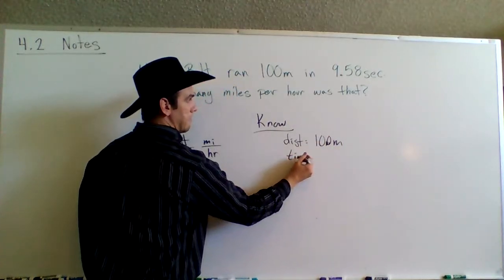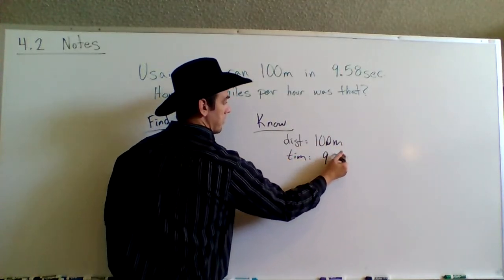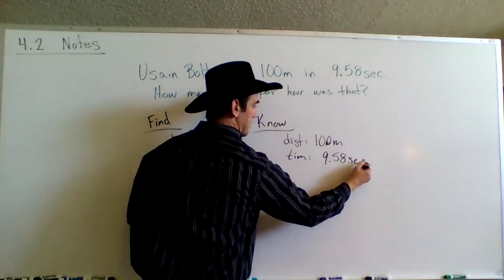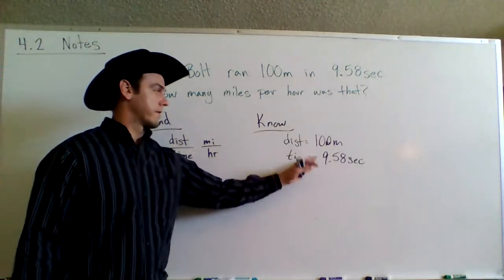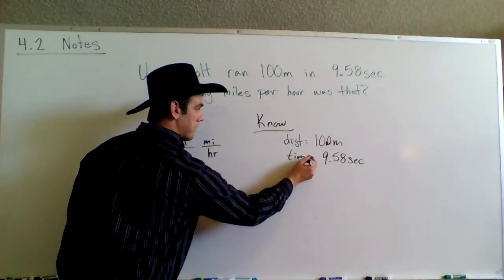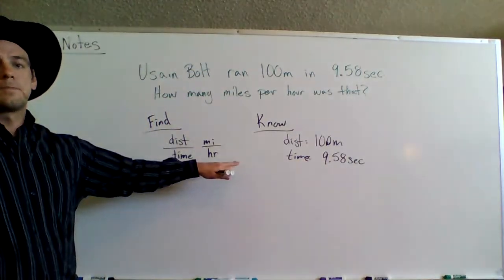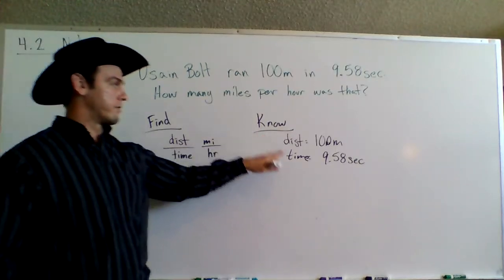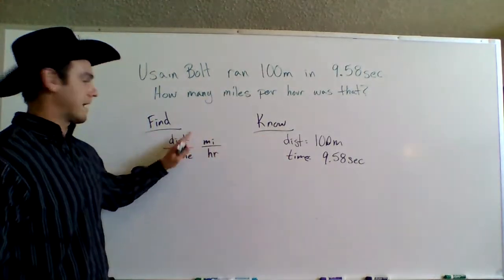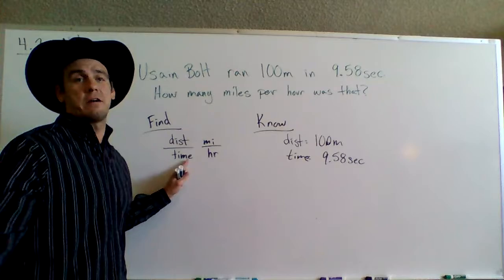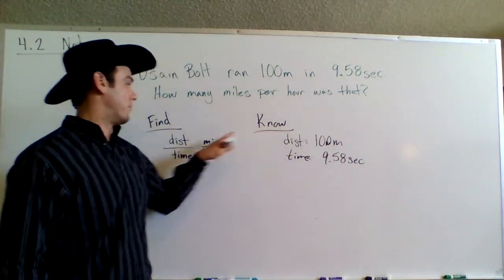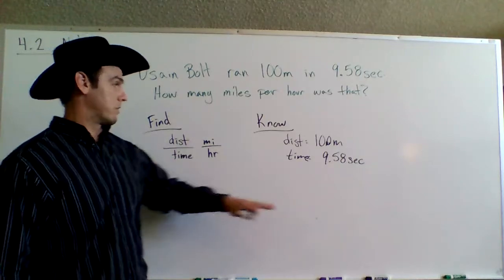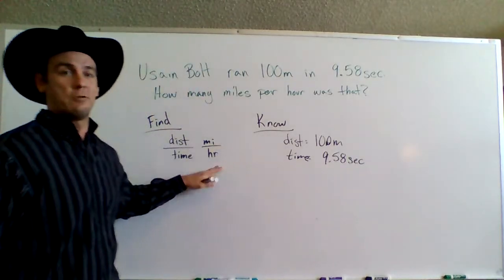We know our time was 9.58 seconds. Well, if we have a distance and a time, can't we just put distance over time? And that's exactly what we want, other than our units aren't quite correct. Because then we'd be in meters when we want miles. We'd be in seconds when we want hours.